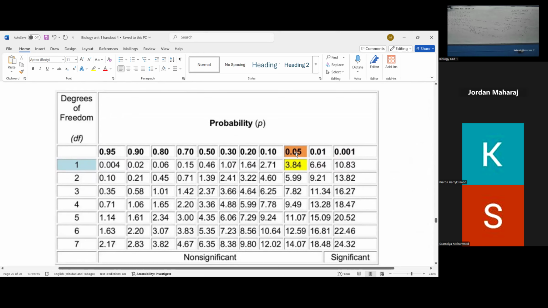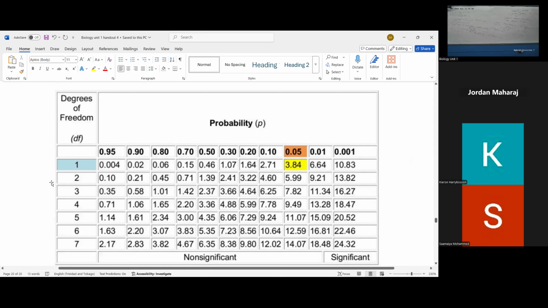The principle behind the chi-square test is that if you have a 95% chance of something occurring, then that's a good thing. You have a high chance that you're right. You still have a chance you're wrong, but you have a better chance that you're right. If you have less than a 5% chance of being right, you're not going to accept it.